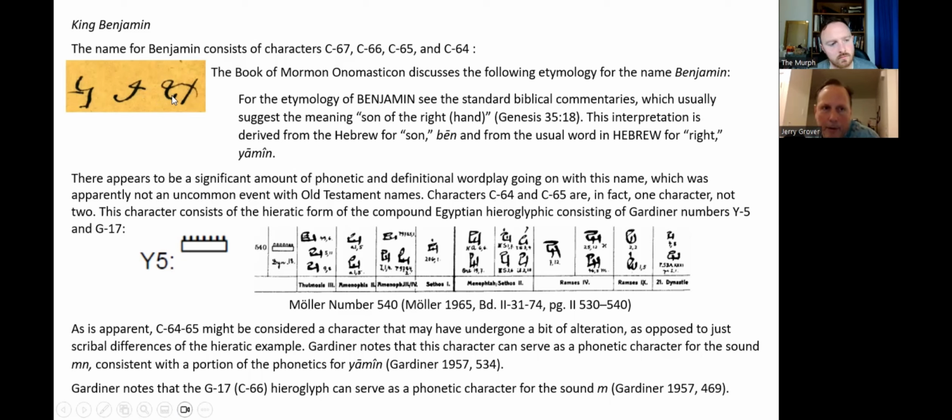He called them two, but they're really one, and it looks to be a variant of this glyph. You can see the version isn't perfect, but it does have the elements. It also has the phonetic sound M in the Egyptian.